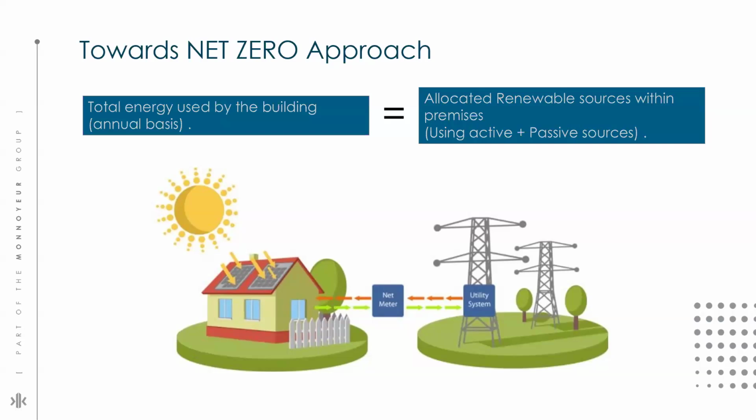Once we have taken the energy use of the building on an annual basis, we have to locate renewable sources to generate the same amount of energy, which can be utilized by the building for its daily usage.